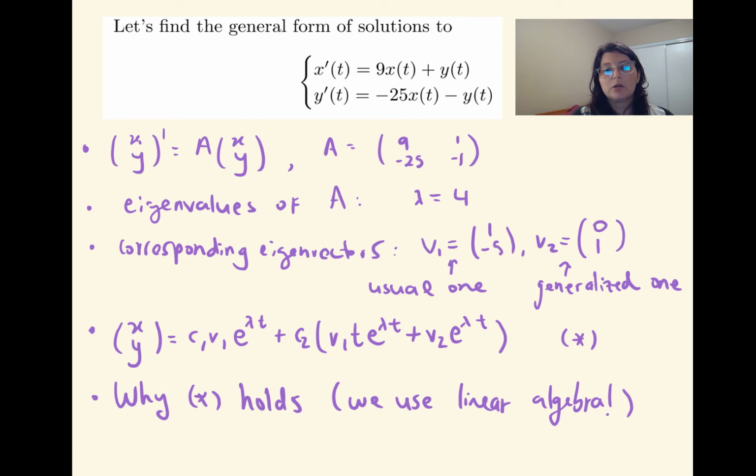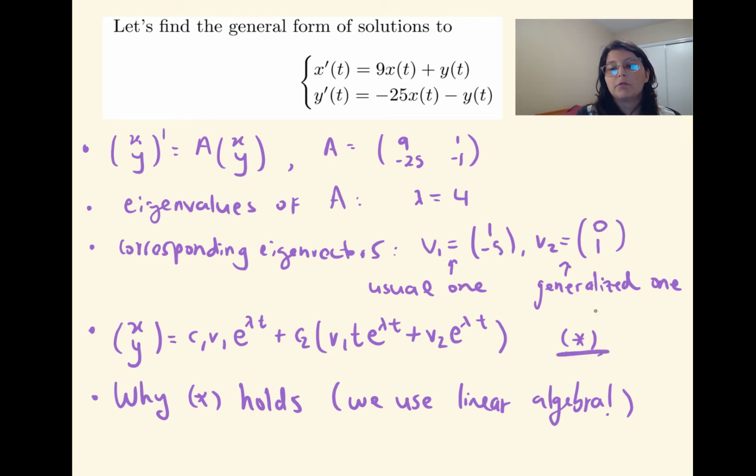And then we can use the eigenvalue of the matrix and eigenvectors in order to find x and y in terms of two parameters, c1 and c2. And then the last part concerns figuring out why the equation star here holds.